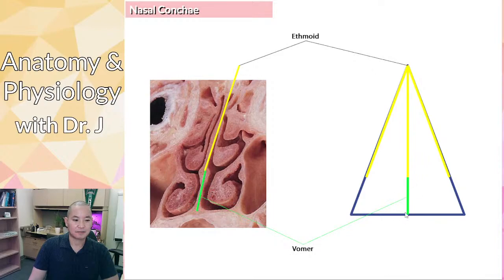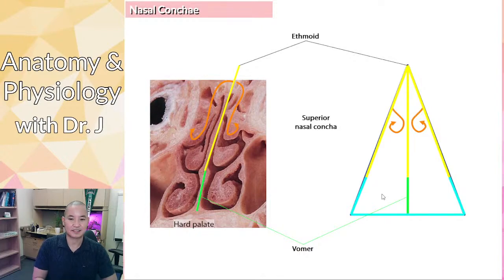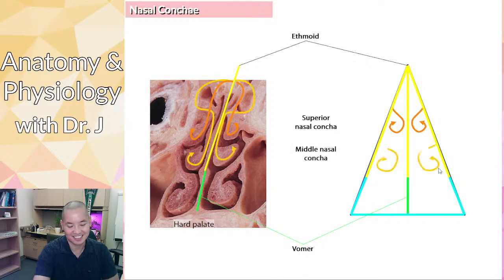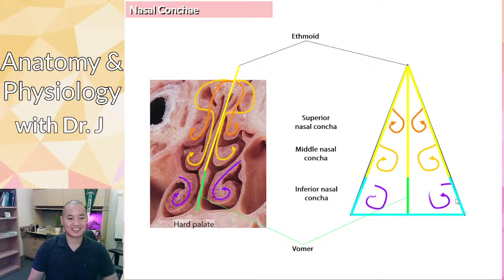Then you have the vomer over here, which is only a small part right here. Depending where you are, it can either be the palatine or the maxilla that forms the floor of the nasal cavity. Then the superior nasal concha and middle nasal concha are part of the ethmoid bone. And the inferior nasal concha is kind of its own structure by itself.